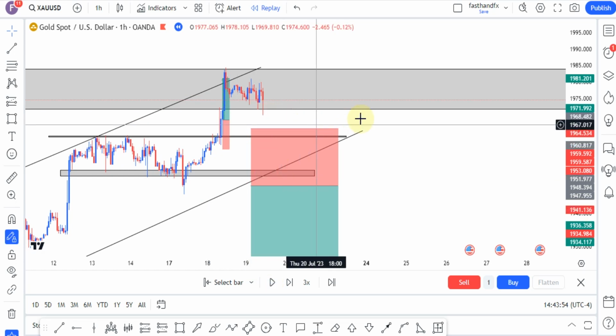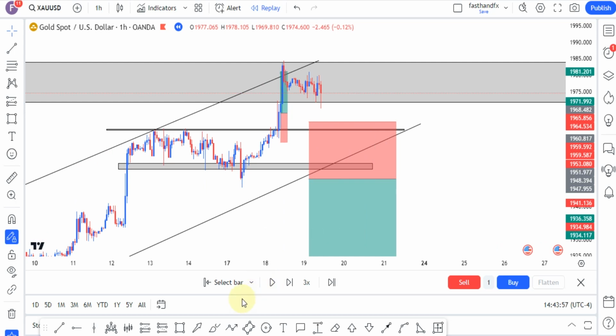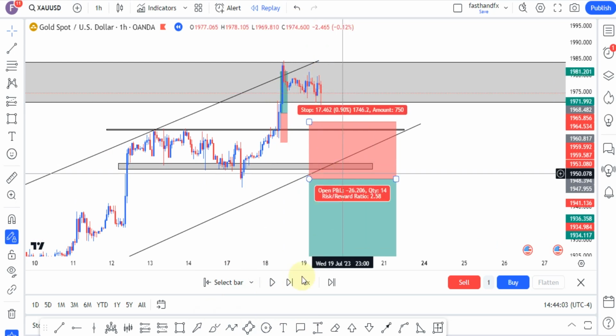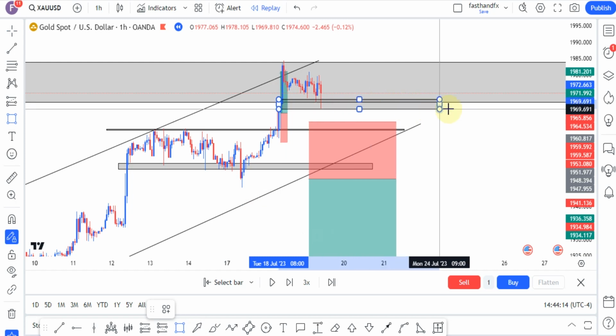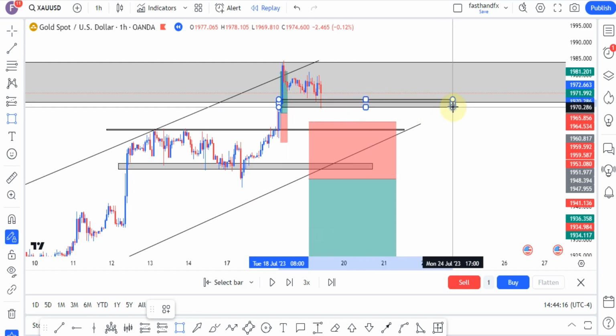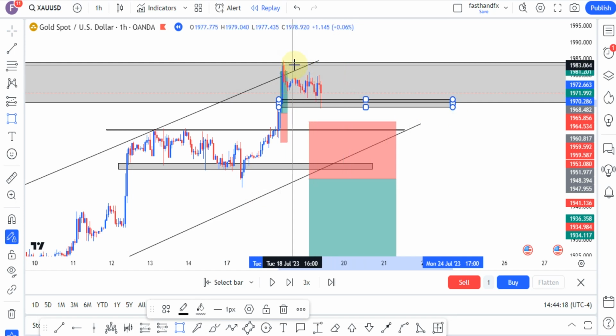So what should we do here? If you look at this area, the market is already on a resistance level. So we expect, if the market does take out these previous lows from the 1 hour time frame, we go in for sales.